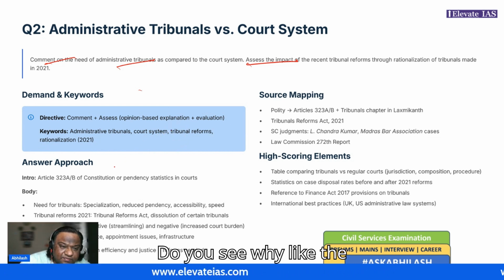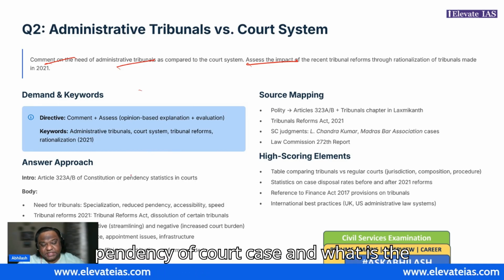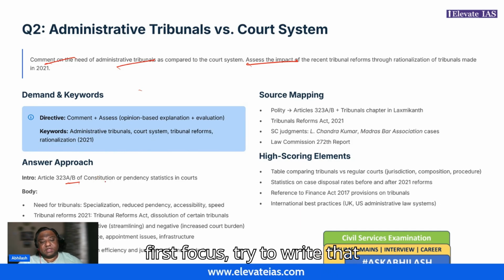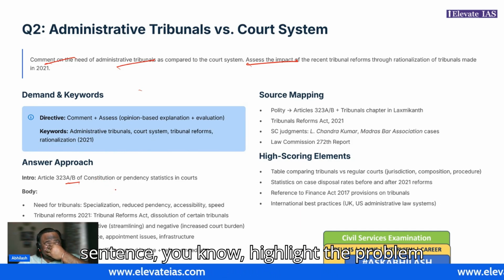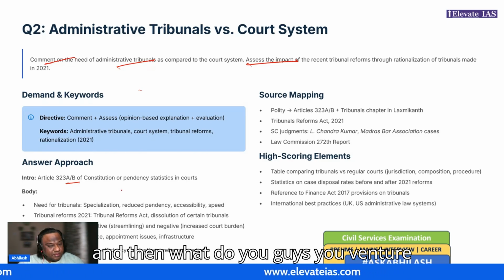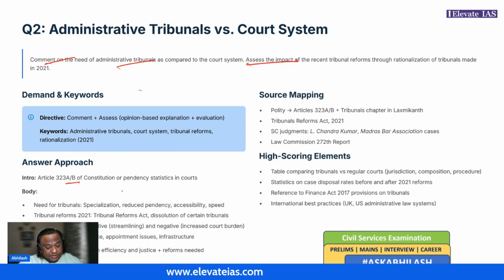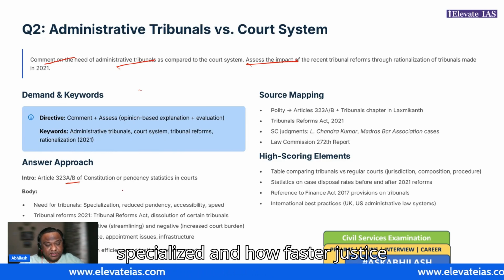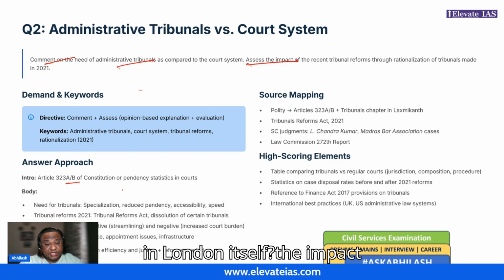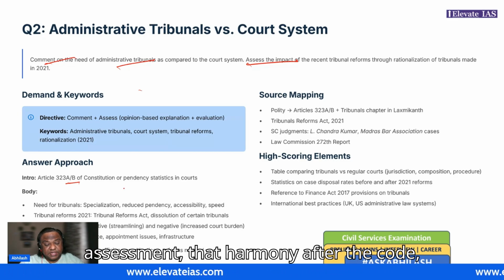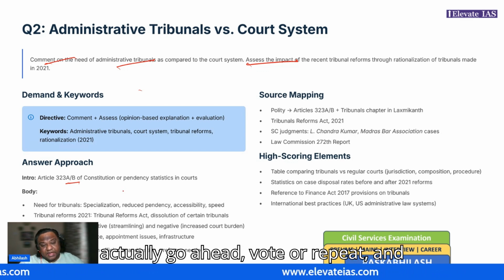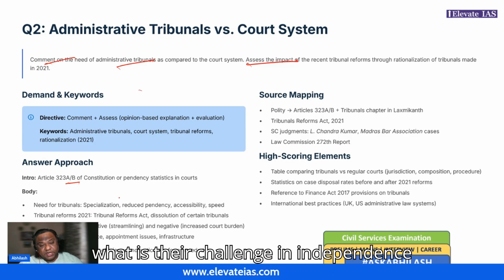So you see why, like the pendency of court cases and how burdened the courts are. You first try to write that sentence, highlight the problem, and then body-wise you mention the need for specialized tribunals and how they give faster justice, and the various reforms undertaken. The impact assessment: how many, after the tribunal, actually go ahead and move for appeal, and what are their challenges, independence, and infrastructure.